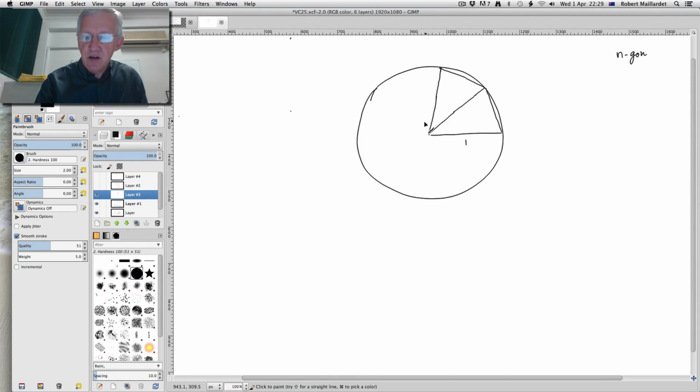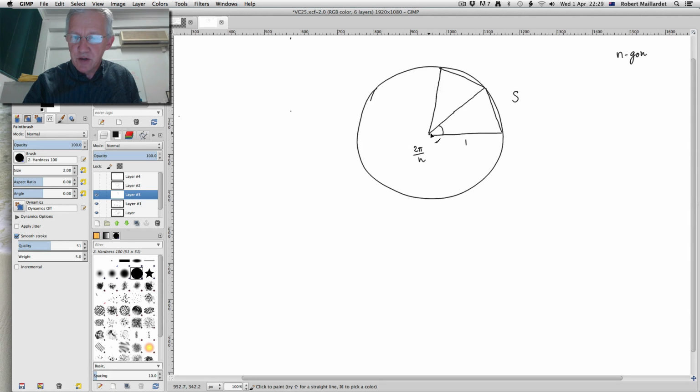So the angle around the whole circle is 2 pi, and I've got n sides. So this angle here, that angle is 2 pi divided by n. And I'm going to try and calculate the perimeter of the polygon. So I need to know what this total length here is, the length of a side.